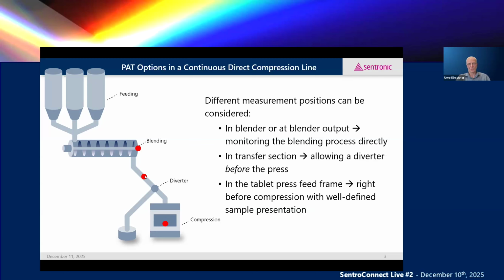This also has pros and cons, and today there are solutions for that using, for example, spider wheel type sample interfaces. And then last, not least, the tablet press itself, which has a really good sample presentation, and it's also right before compression. So it's the last step before the tablet is being pressed. So it's a very relevant position.